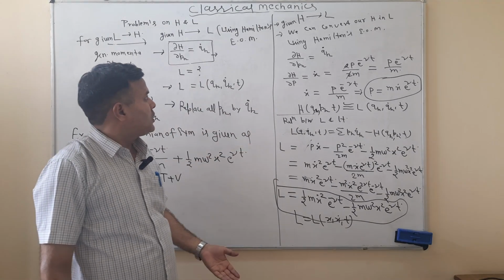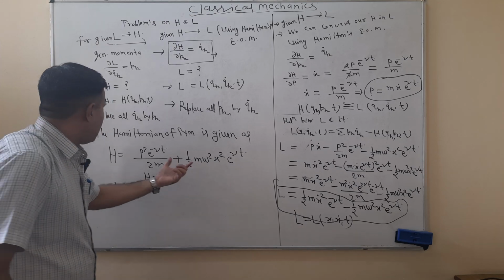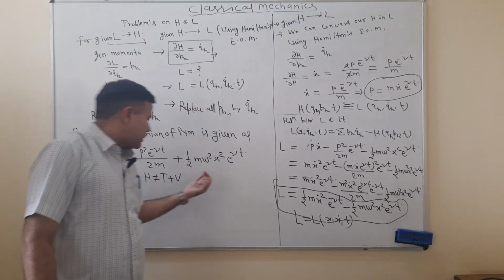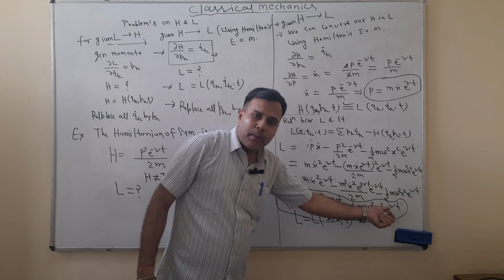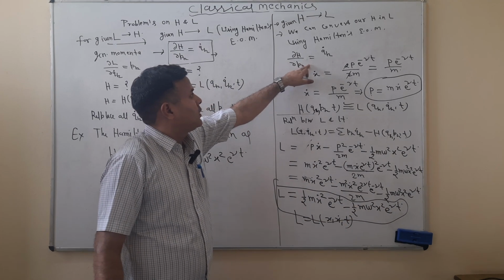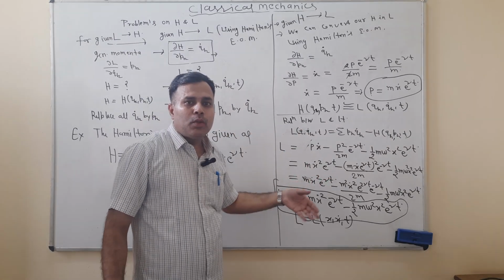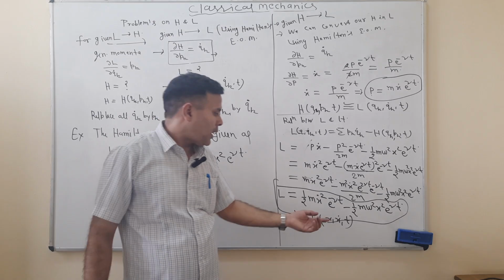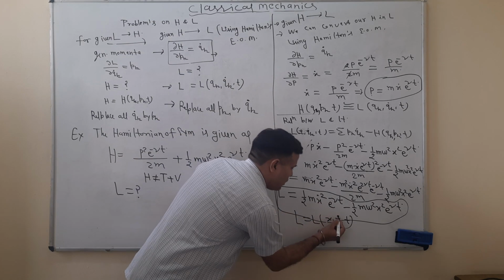It doesn't matter whether our Hamiltonian is time dependent or time independent. In this case our Hamiltonian is time dependent, so the Lagrangian is also time dependent. With the help of Hamilton's equation of motion, we can convert all p's, all generalized momenta terms, into generalized velocity terms. In this case ẋ is the generalized velocity.